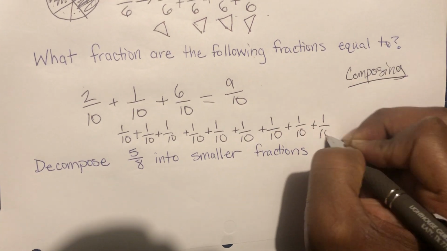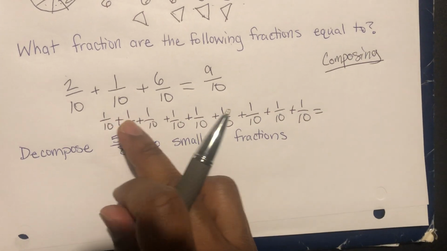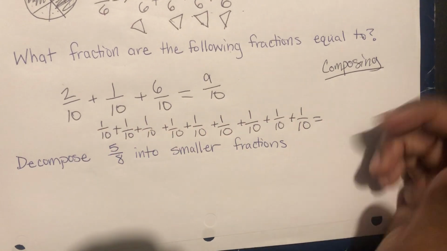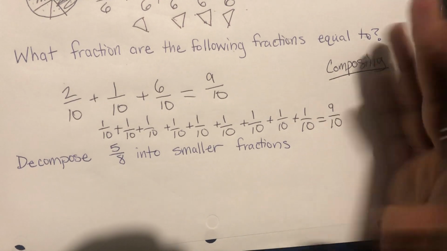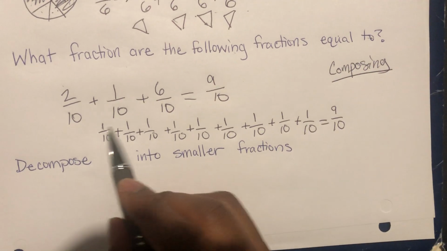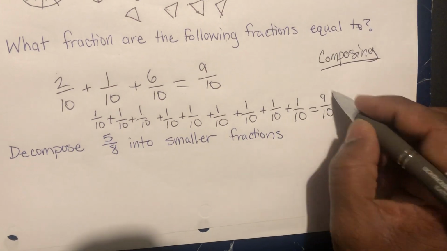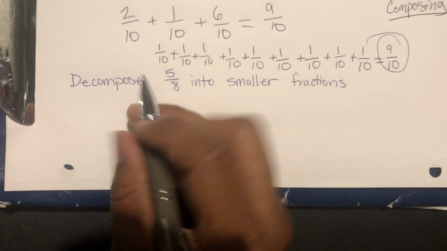Now, I think a lot of times they do that just because there's a bunch of different answer choices, and they want to make sure that you're counting each one of these and determining that it's 9 tenths or whatever the fraction is. So you want to be very careful of this and make sure that you're looking at every little piece of this when you're trying to find your answer, okay? Count each option.